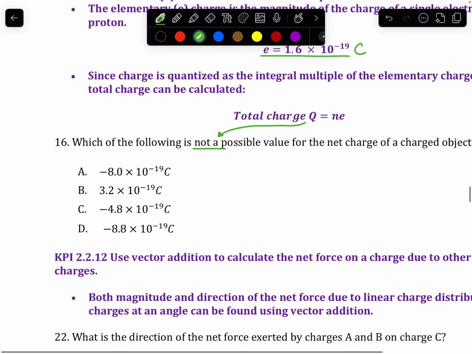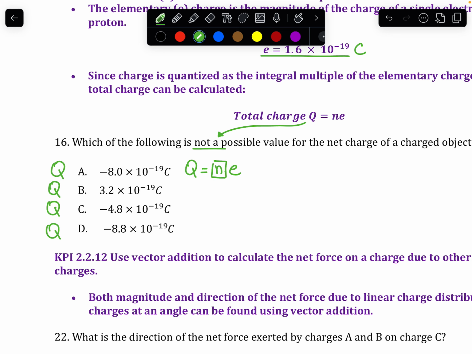So eventually the charges here that I have are all given charges, Q's. So let me test if Q equals n e. If n is not an integer, a whole number, this means that I cannot have this charge.